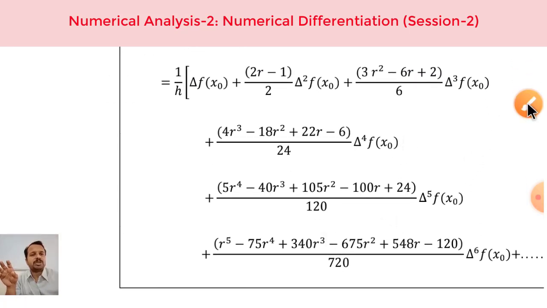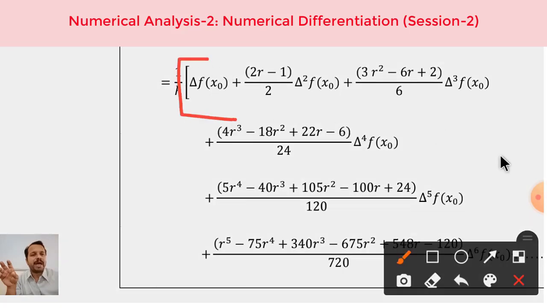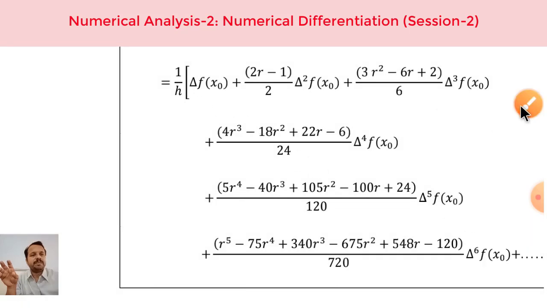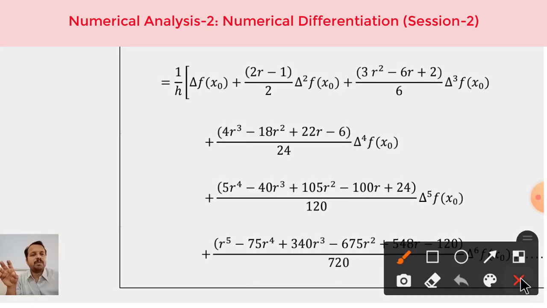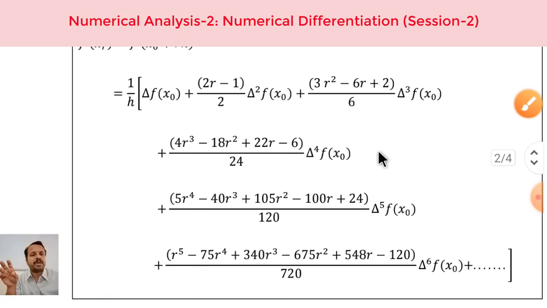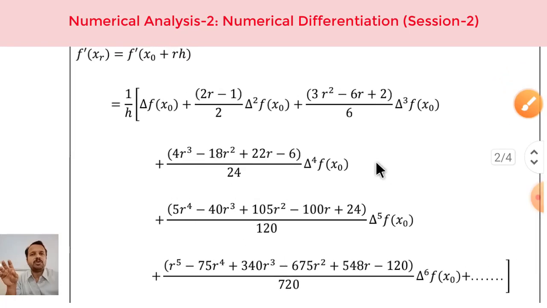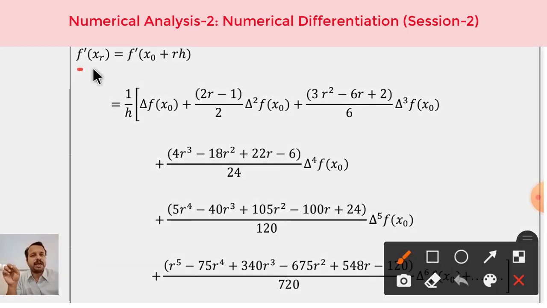All the terms on the right hand side are being simplified and kept within this bracket and multiplied by 1 by h. So this is the most important thing we have derived over here, and this is called the numerical differentiation formula, and this gives us the first order derivative of f at the point xr.